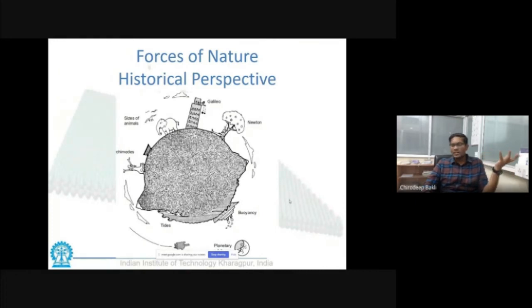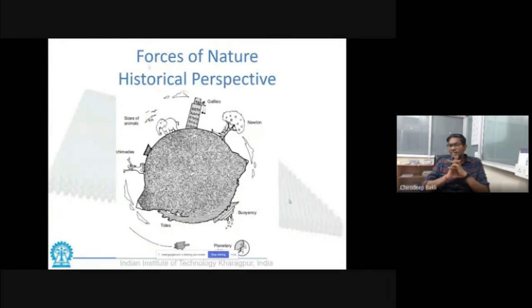Galileo again had two balls of different sizes and showed that they would reach the ground at the same time. Again, this postulated the role of gravity, and finally Newton laid down the property of gravity in terms of concrete mathematical evidence. And now gravity is basically the force that would guide all these major forces of nature.